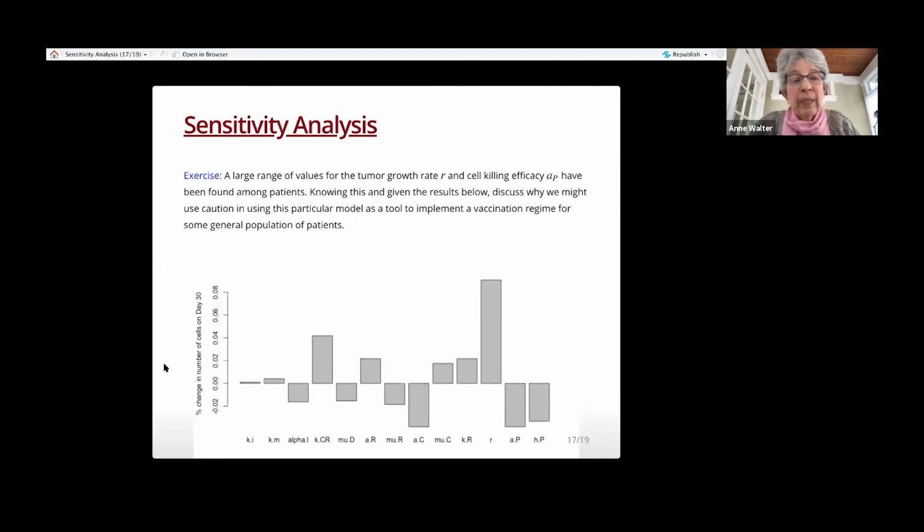So one of the things we want students to think about as a result of this sensitivity analysis is whether we could give a single recommendation for a clinical procedure, or whether the results of this sensitivity analysis say that it's really important to model each patient's data and develop a patient by patient individualized medicine, if you will, vaccination regime. So that's an exercise that we have students thinking about.